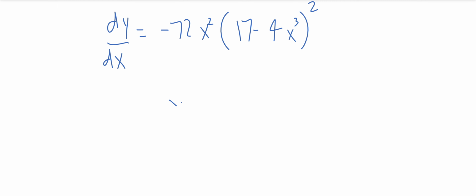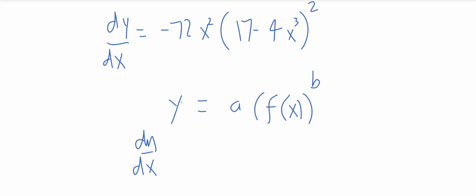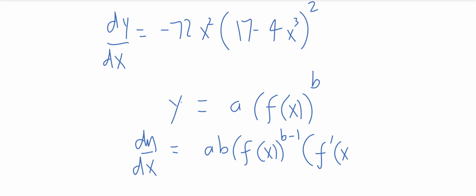If y equals a multiplied by some function of x to the power b, then dy by dx equals a multiplied by b, ab, multiplied by the function to the power b minus 1, multiplied by f of x differentiated, or f dash of x.